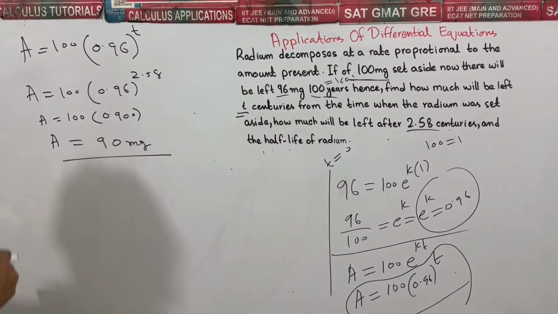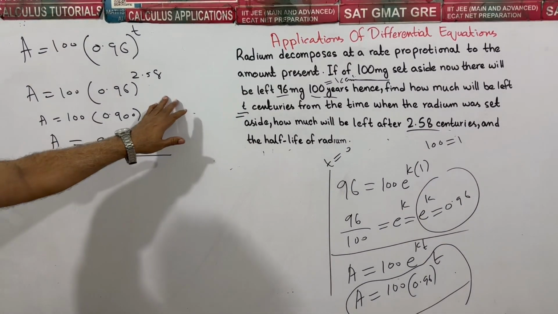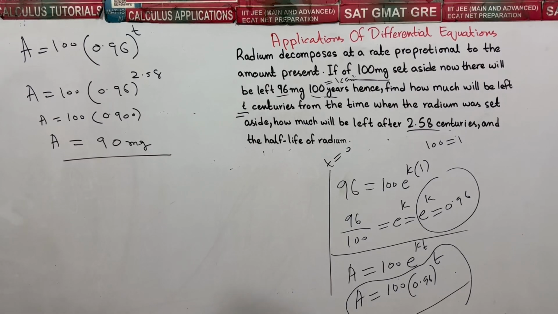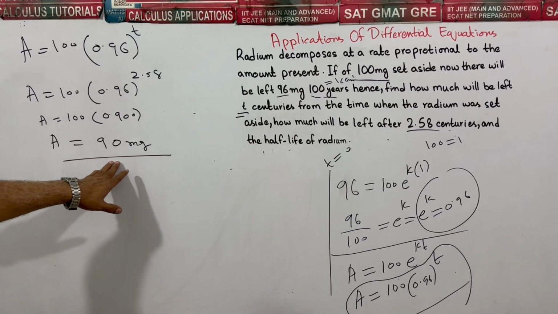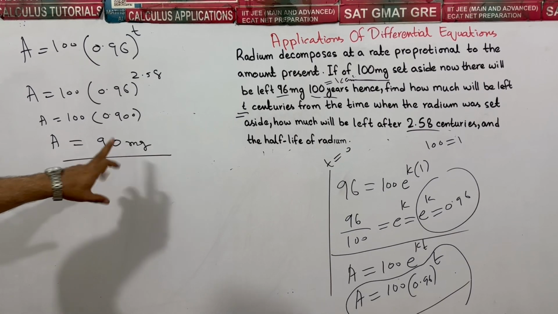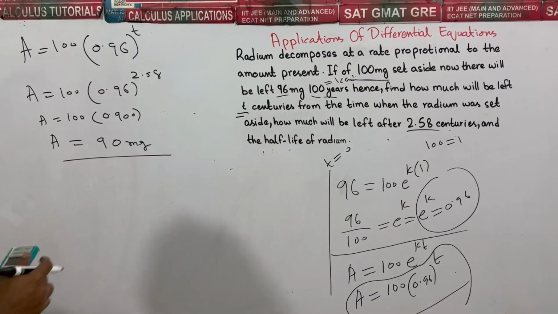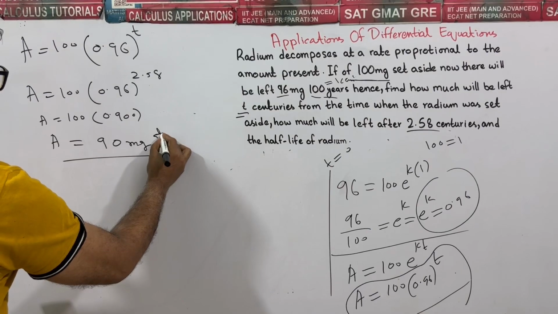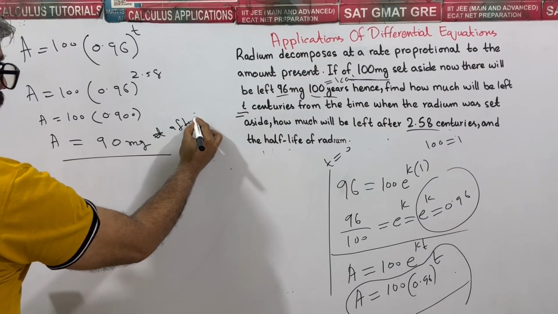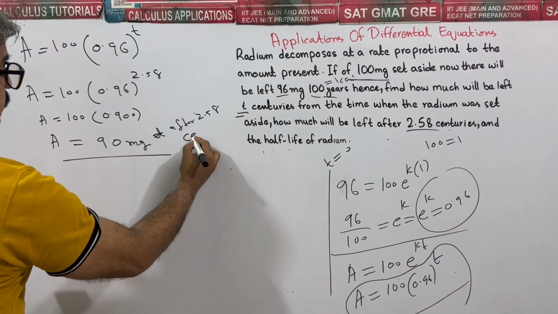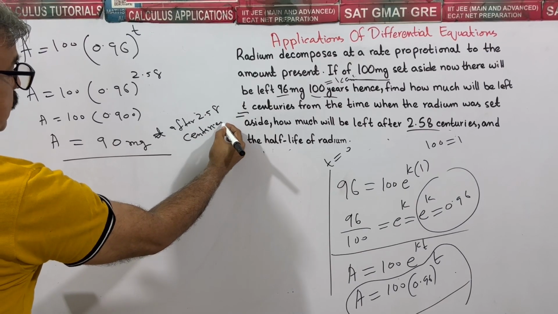So after 2.58 centuries, only 10 milligrams have decomposed, and the remaining amount is 90 milligrams.